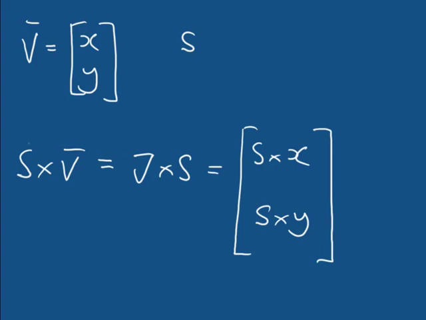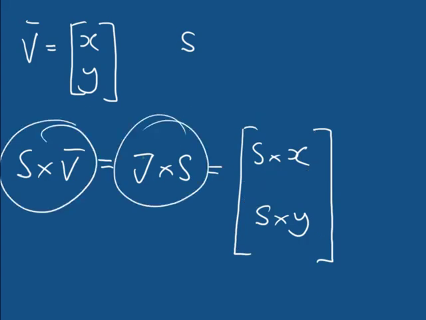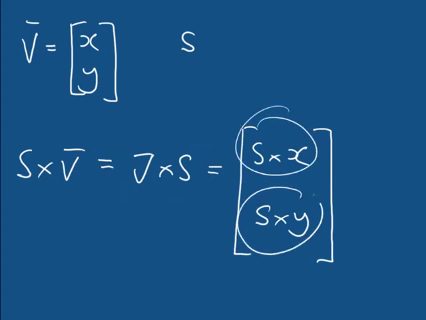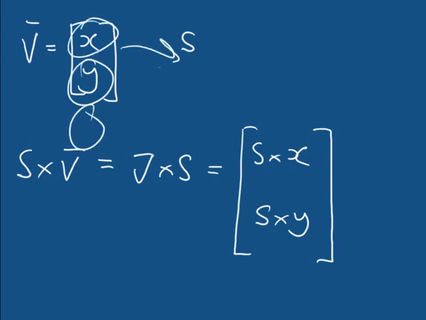So again, we take our scalar, and for the first component of the result, we multiply it by the first component of our vector. For the second component of the result, we multiply it by the second component of the vector. So again, vector scalar multiplication is commutative, and the result is equal to multiplying the scalar by each component in the vector to generate the corresponding component in the result.